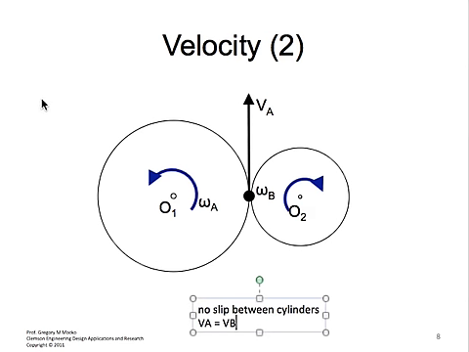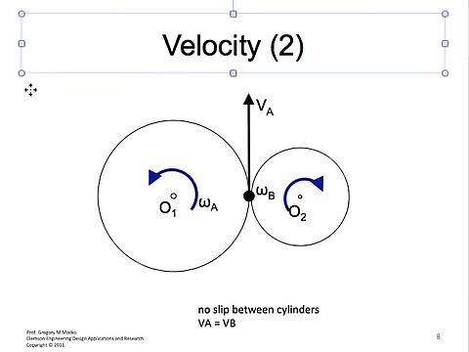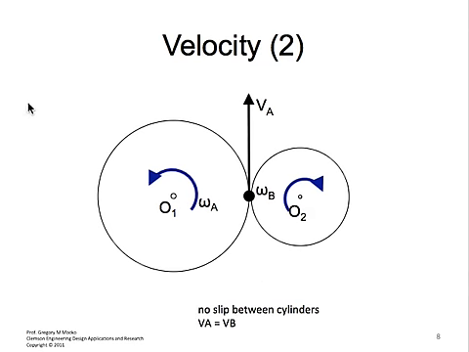When we manipulate the equation like we did last time, what we can compute is the following: omega 2 divided by omega 1, so these are the rotational velocities of cylinder 1 and 2, is equal to plus or minus R A divided by R B.